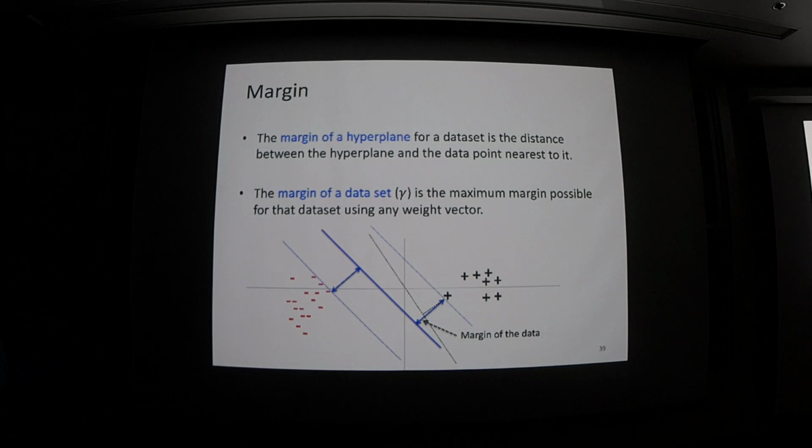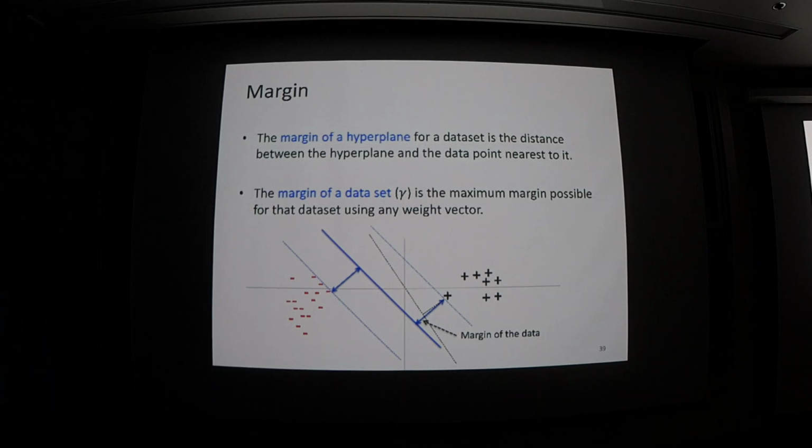So the margin of the data set indicates the separability of the examples inside the data. The separability indicates the hardness of classifying the examples in the data set. So the larger the margin, the farther away between these two types of examples, the easier they are classified by some linear classifiers, right?